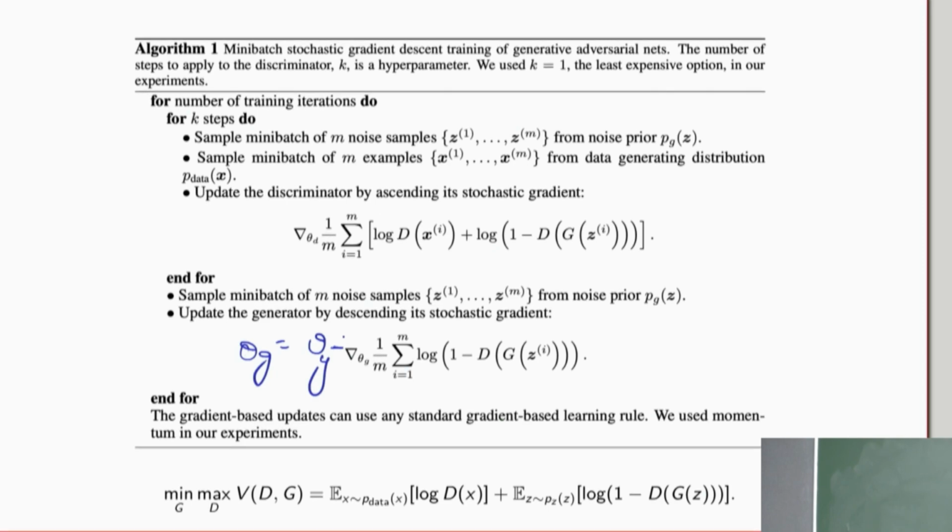And for the previous one, theta d goes to theta d plus the gradient, because it's an ascent. So this is what they mean when they say update. That's how you are learning.